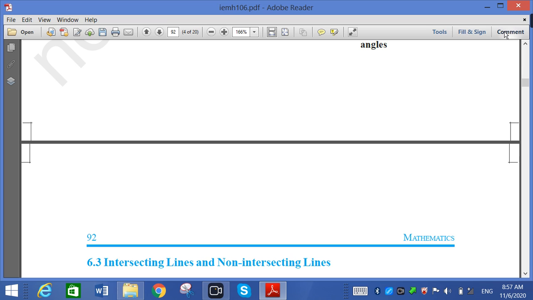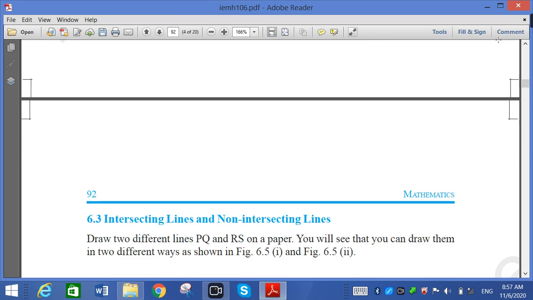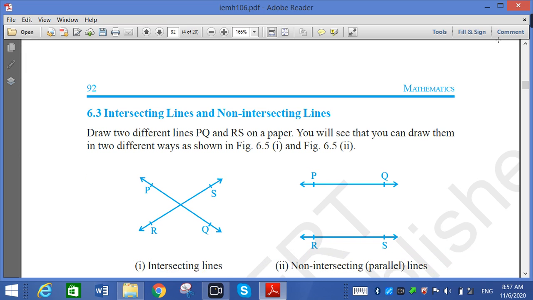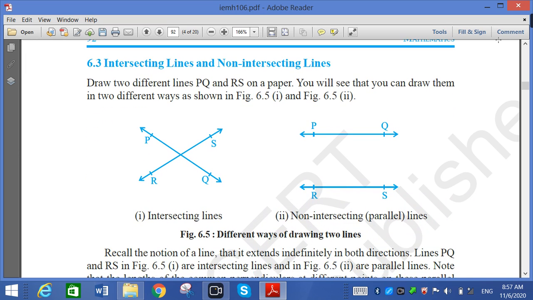Today we have two main points to discuss. Intersecting lines: someone asks which lines are intersecting. We have already seen in figure 1 there are two different lines.